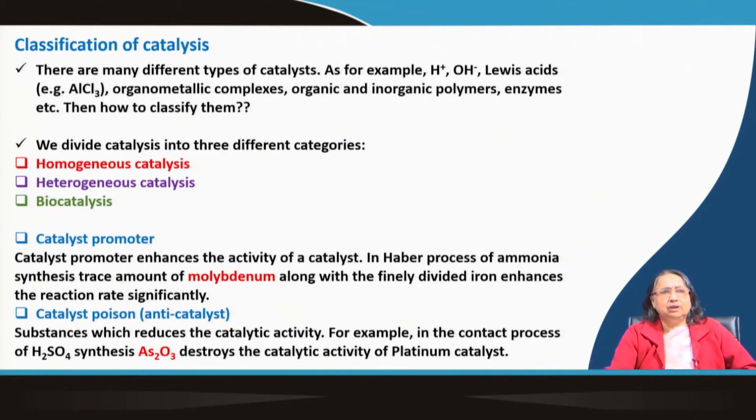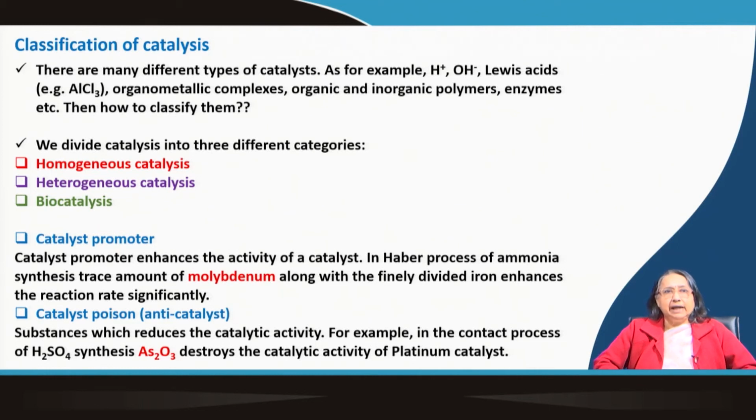Now, what is poison? That is anti-catalyst. Poison means it inhibits the catalytic action. Substances which reduce the catalytic activity. For example, in the contact process of H2SO4 synthesis, the contact process and chamber process are all very important for sulfuric acid synthesis.